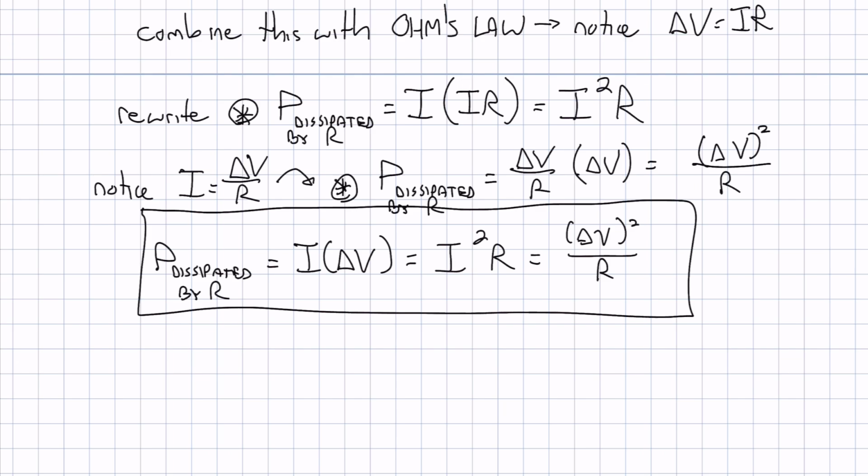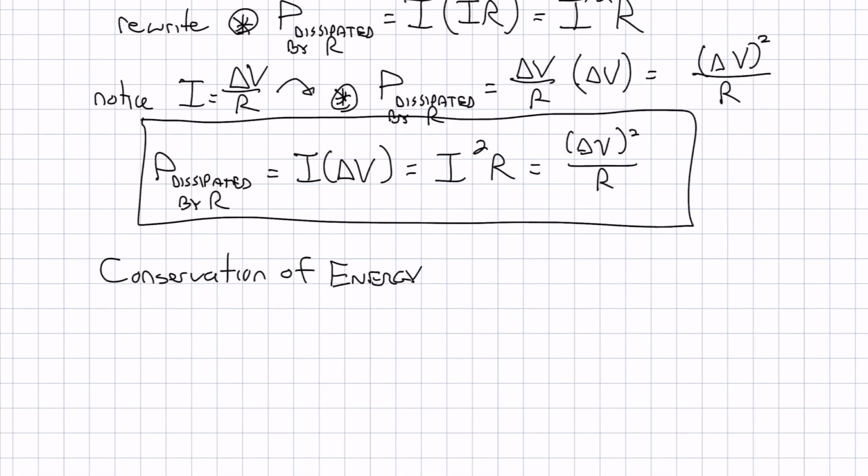As long as you know two of the possible values of delta V, R, or I, you can make use of this relationship to calculate the power. The law of conservation of energy is maybe the most important scientific law that we have. And it basically means energy cannot be created or destroyed.